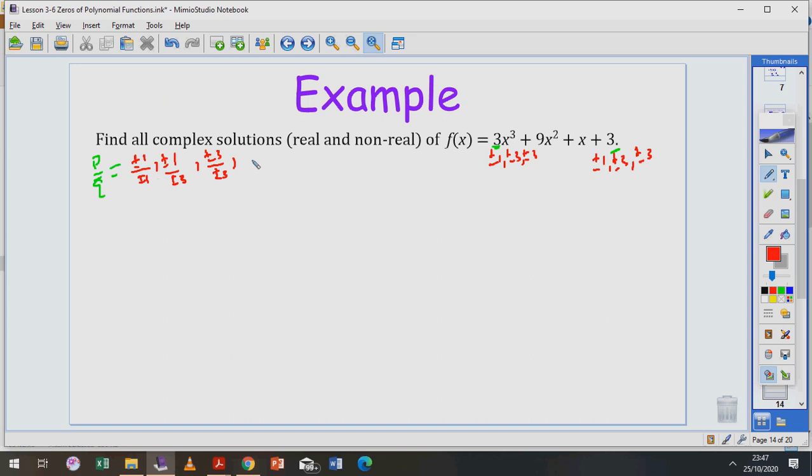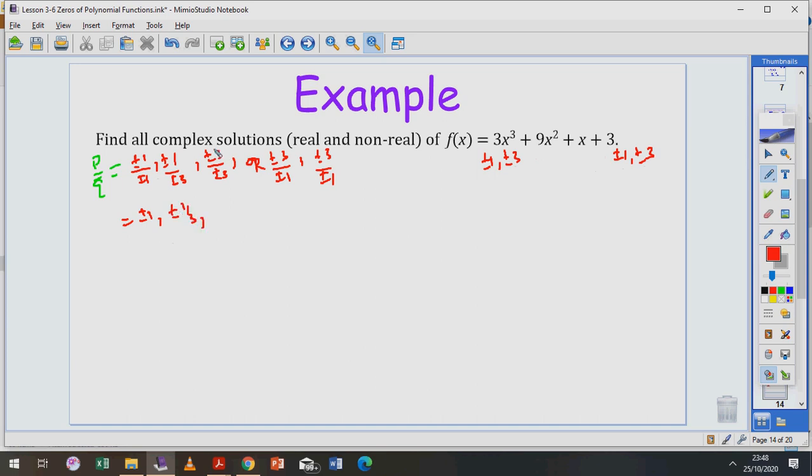Wait, what did I write here? The factors of 3 are just plus or minus 1 and plus or minus 3. Simple.